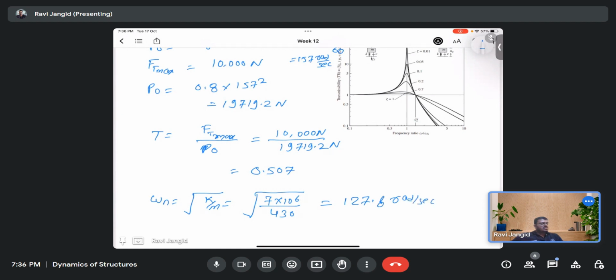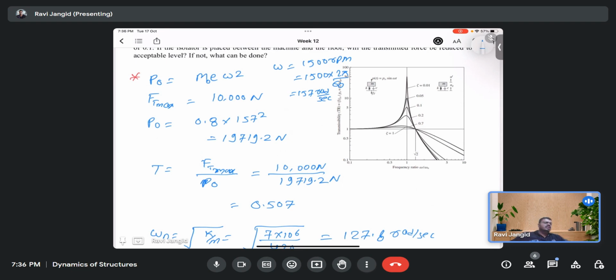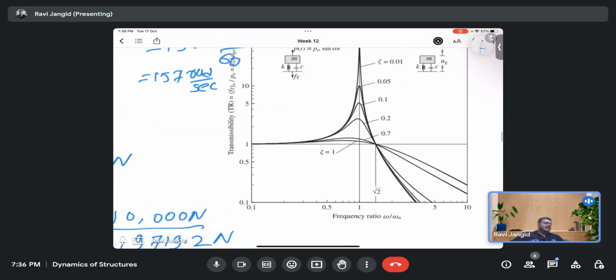Okay. If you remember the transmissibility curve, or the response reduction factor curve, when our omega by omega n ratio is greater than square root 2, my response is less than 1 for all kinds of damping. Did you remember that? Yes, sir.